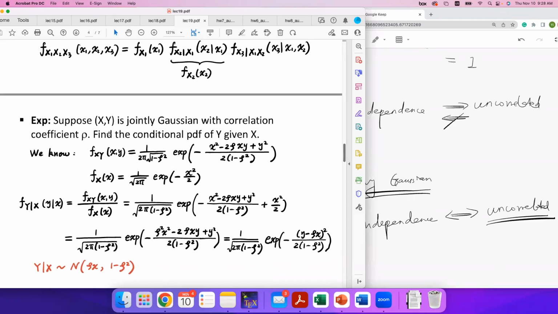Now, we want to find the conditional PDF of y given x. Basically, we are given the joint PDF with correlation coefficient rho. So the joint PDF is given this way. And we know from the beginning of this lecture that the marginal PDF of x is a standard Gaussian random variable.